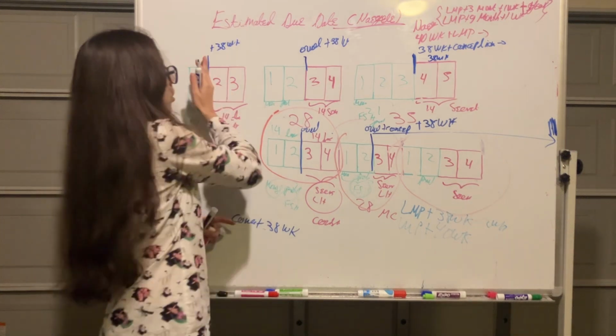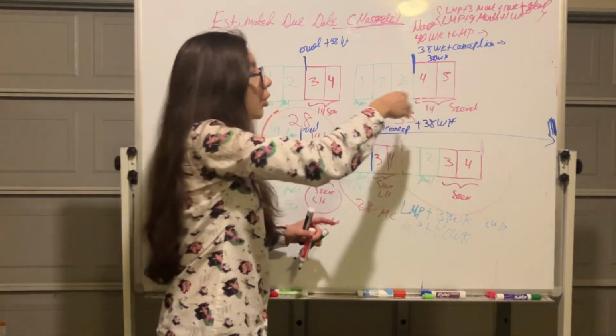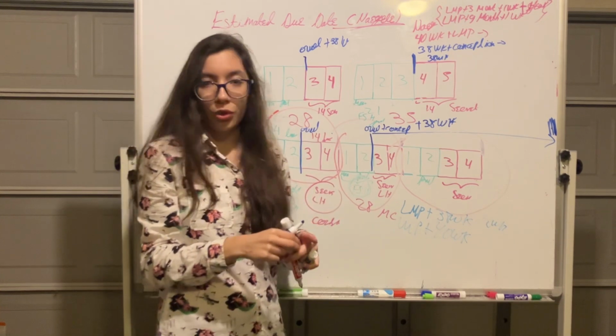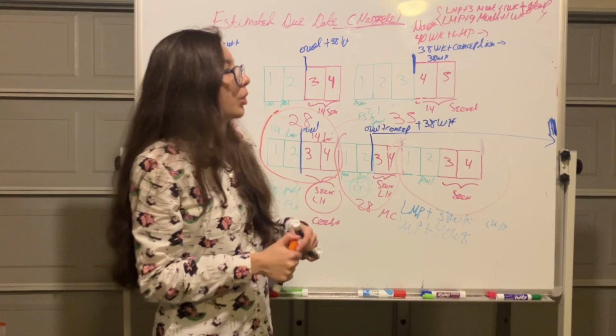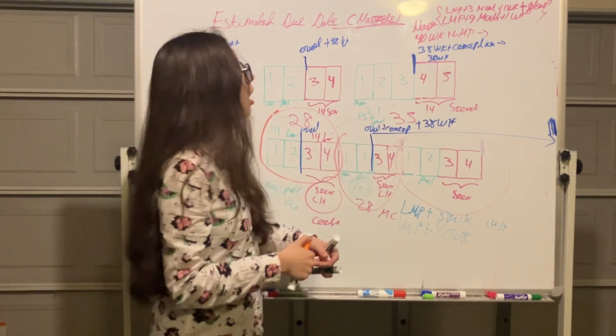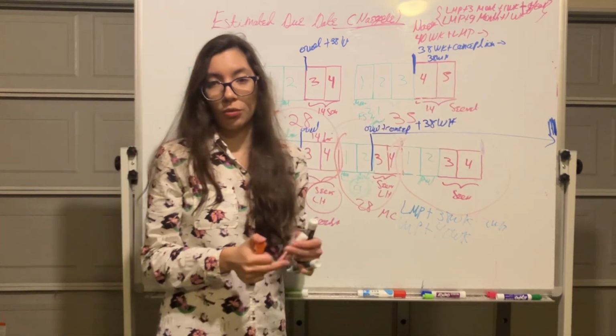But we cannot measure it with the conception date because we don't know when that occurs. So we measure the gestational weeks and the due date based on the last menstrual period.